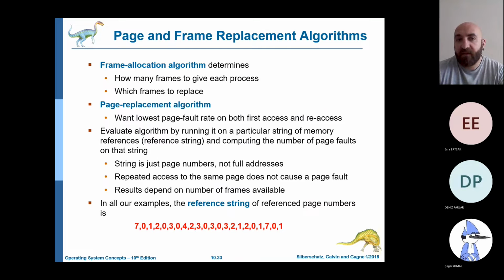As I said, we must solve two major problems to implement demand paging. We must develop a free frame allocation algorithm and a page replacement algorithm. That is, if we have multiple processes in memory, we must decide how many frames to allocate to each process.